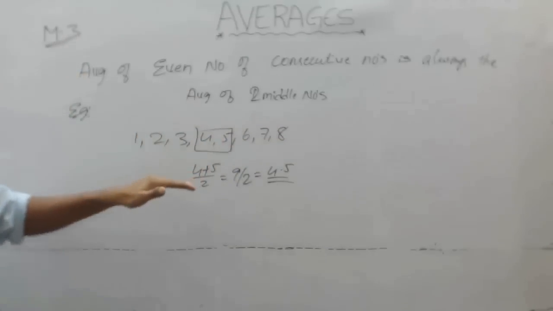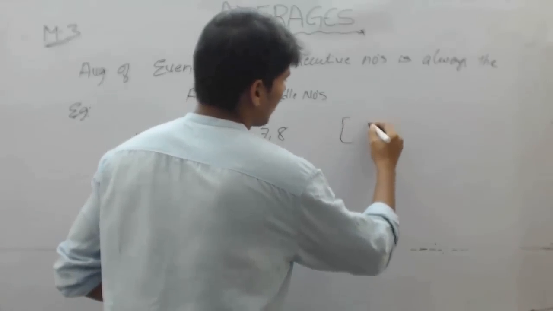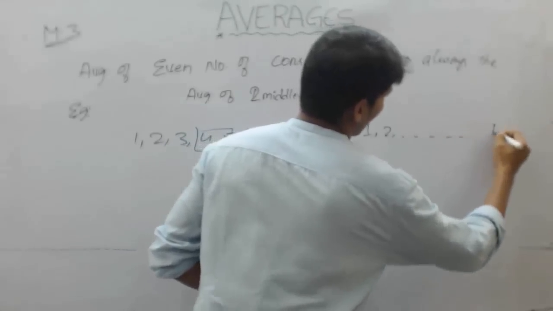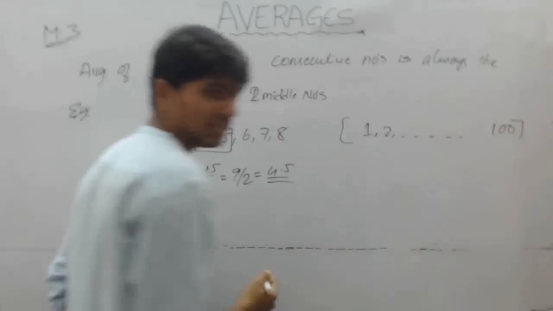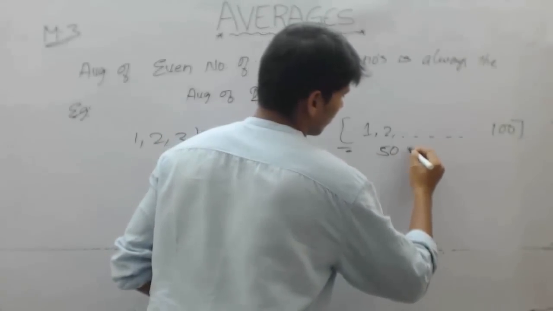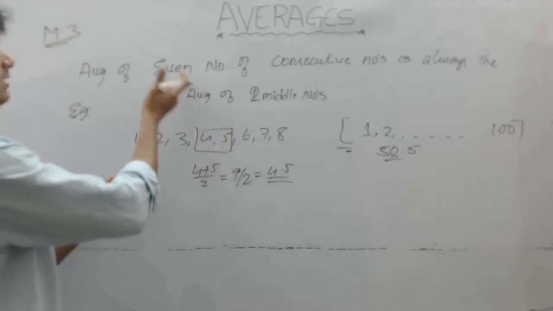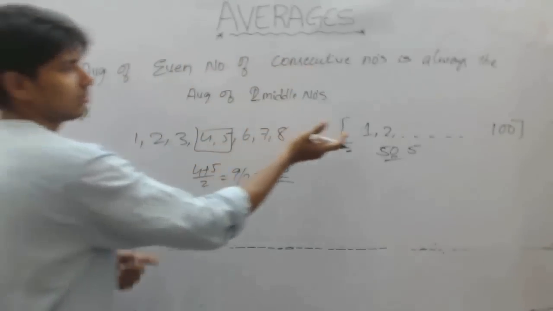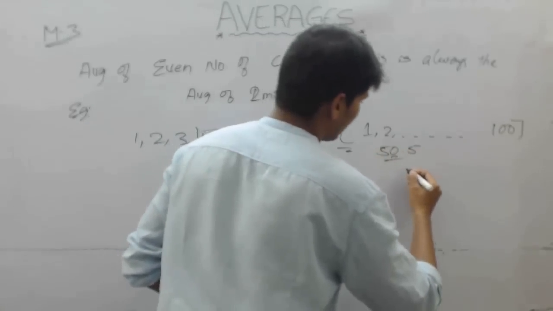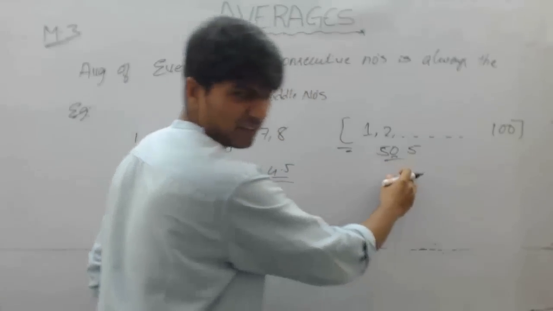In the previous question, we were asked the average of the first 100 natural numbers, that is 1, 2, up to 100. The answer we got is 50.5, isn't it? If you apply this formula for an even count of numbers, what are the middle terms? 50 and 51.